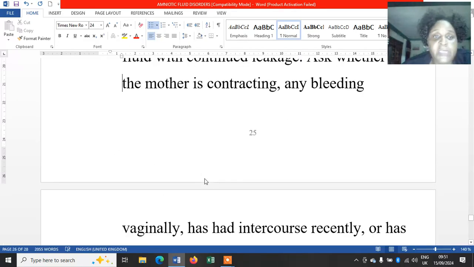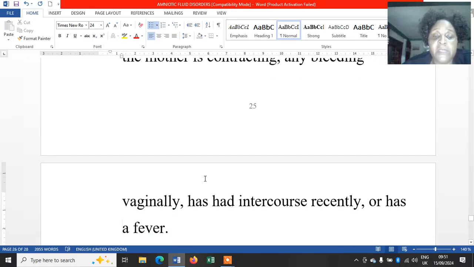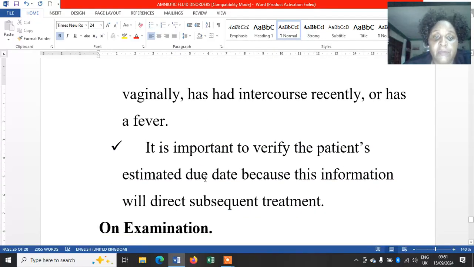So on history taking, the mother will report a sudden gush of fluid with continuing leakage. So you go ahead to ask whether the mother is contracting or the gush of water is associated with any bleeding. And we can also ask a history of sexual intercourse or even fever.